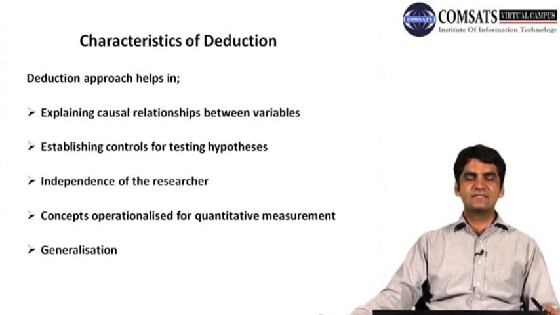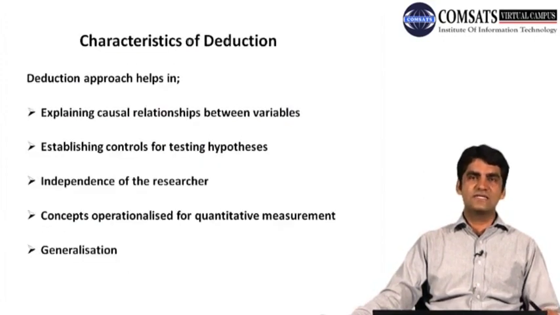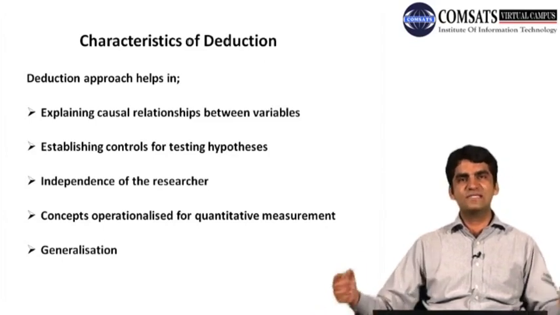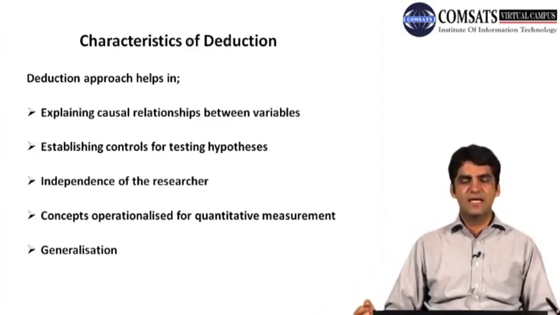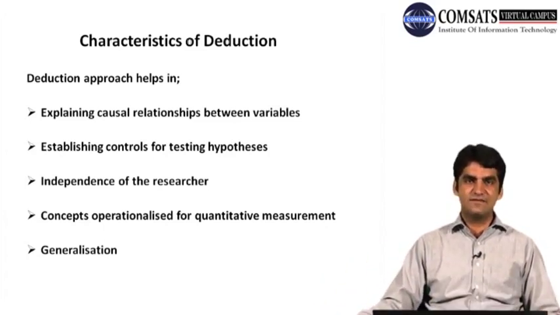What are the characteristics of deduction? We have also discussed deduction and induction, and we have to understand what these two are, how they differ and why they are important. The deductive approach helps in explaining causal relationships between variables. It establishes controls for testing hypotheses. Independence of the researcher is there when the researcher does deductive research.